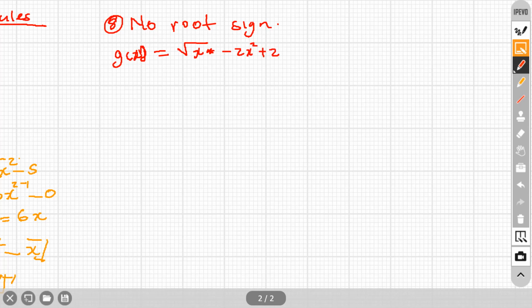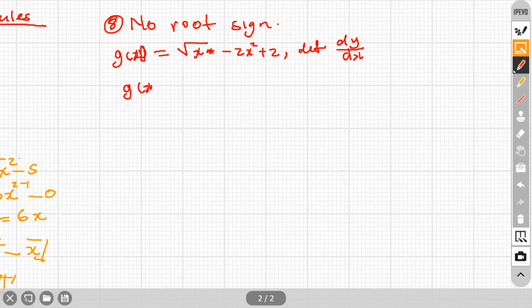Let's say we're given something like this. Then we are asked to determine dy over dx. So in this case, number one, we said that there should not be a root sign. We cannot differentiate where there is a root sign. So we're going to simplify our equation first.